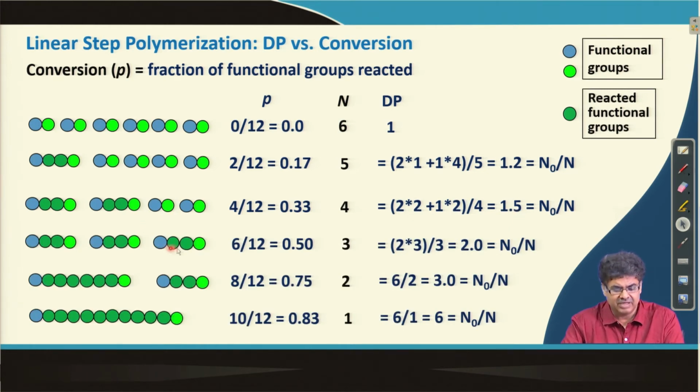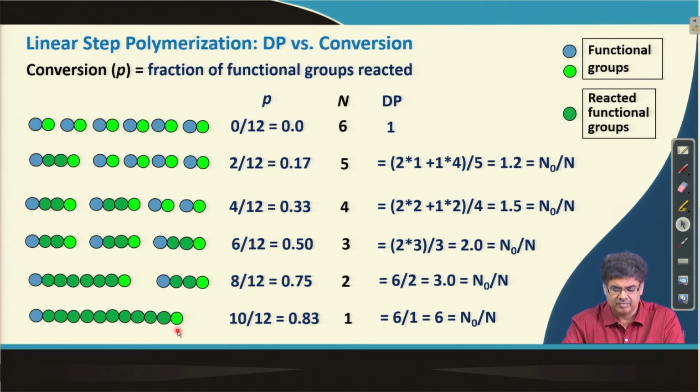Similarly, when all the molecules have reacted, we have 10 functional groups reacted, so the fraction conversion is 0.83 and the degree of polymerization is 6, because 6 molecules have joined to make one molecule.